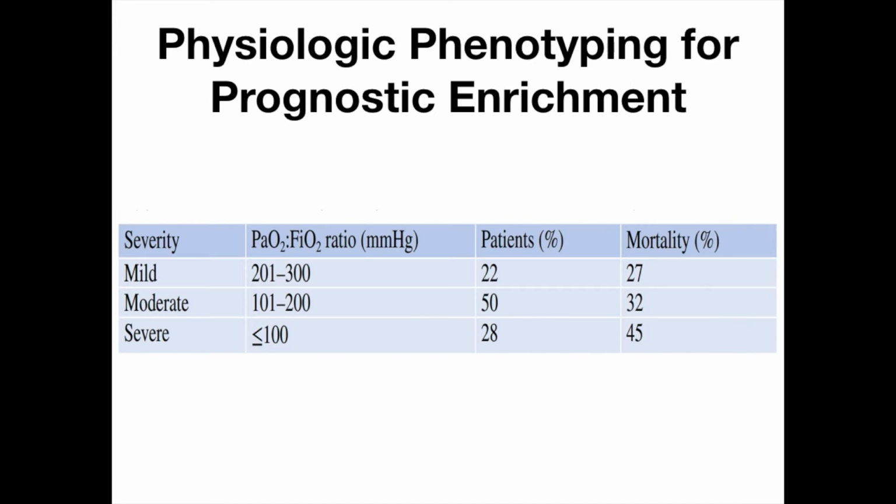Coming first to the physiological phenotyping for prognostic enrichment. The most commonly and frequently used one is the one in the definition, that is the PF ratio. We divide the disease process into mild, moderate, and severe based on the PF ratio, and it has been published and shown that it has a mortality difference.